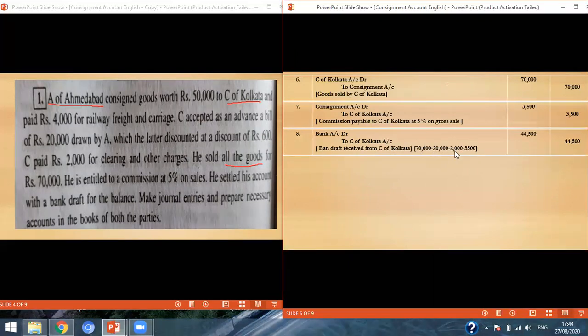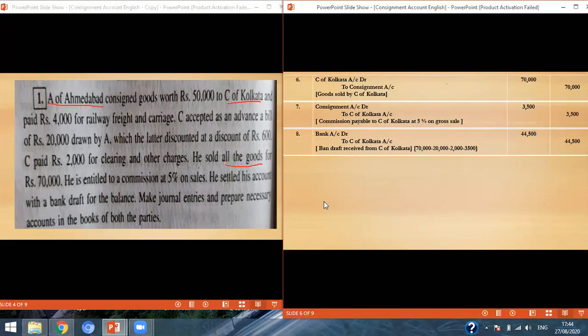Even he has done 2,000 rupees expense and he has deducted 3,500 for himself. So we'll minus this whole amount from the 70,000, so the amount that remains is 44,500. So the entry will be bank account debit to C of Kolkata account, because he has given the draft. The bank draft received from C of Kolkata.